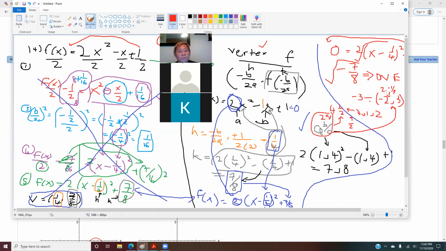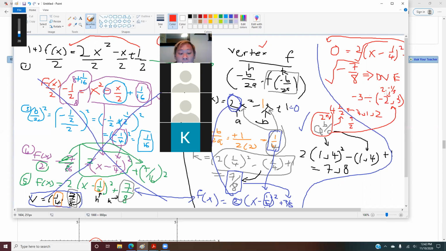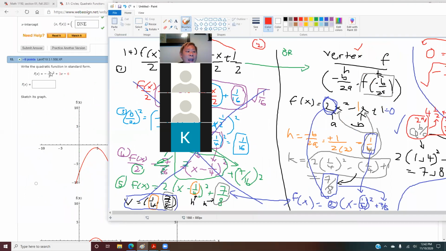You guys are going to get this. Make sure you know how to do this. Use your calculator. I have a question. Who's talking now? Mercedes? Yeah. Okay, so I found H, but I just want to make sure for K, would you basically plug H into the equation f of x? Yep. Plug whatever you found for H into your x here.